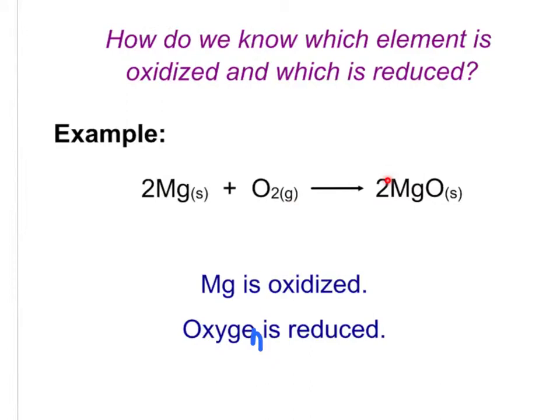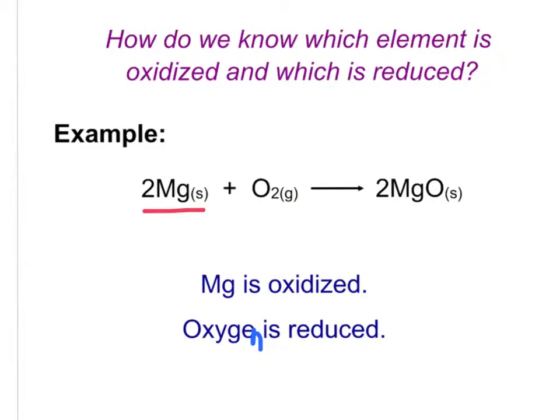So let's look at what kind of charges, electrical charges, are occurring in each of these situations. Here we know magnesium, solid magnesium. What charge is on those 2 magnesium atoms? Well, if there was a charge, it would be indicated because there would be a plus or a minus, right?